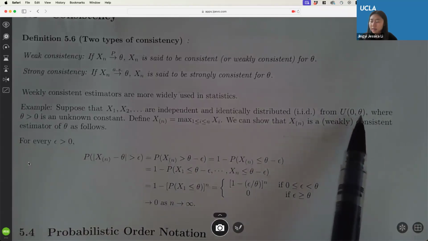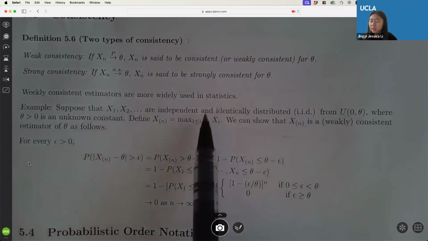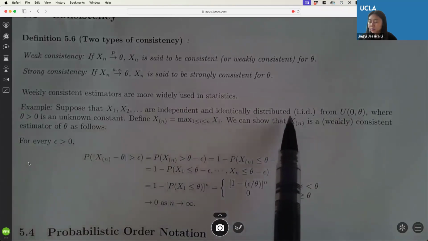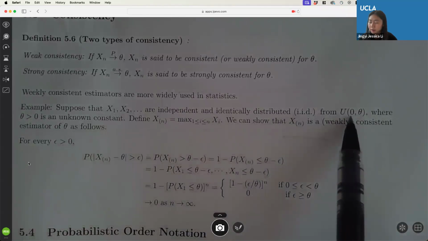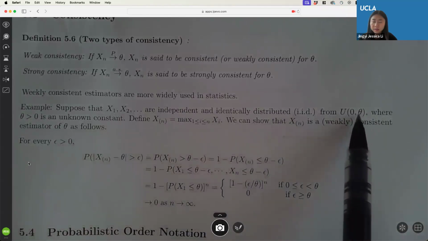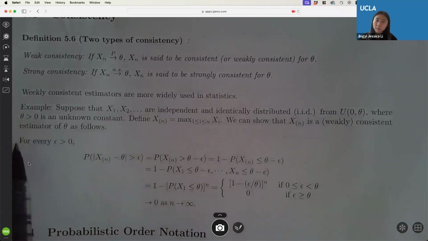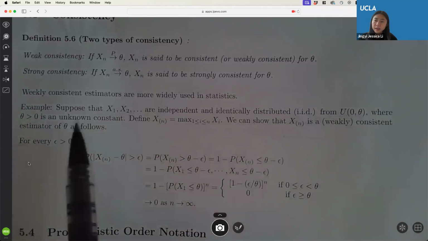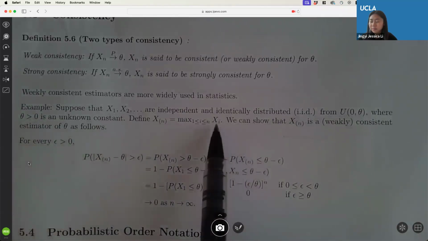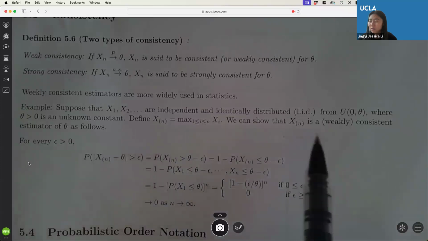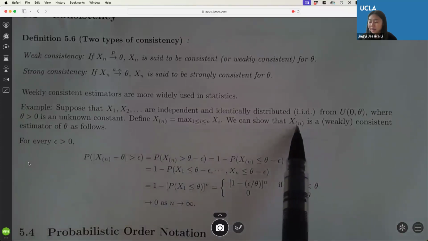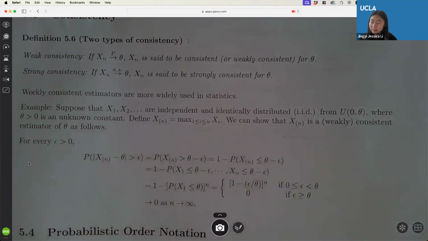Assume that x1 to xn are independent and identically distributed (IID) from the uniform distribution with domain 0 to theta. So theta is the maximum of your domain, but we don't know it. We want to estimate it. Then the natural estimator is to take the maximum of your sample, xn. But how good is xn as an estimator?